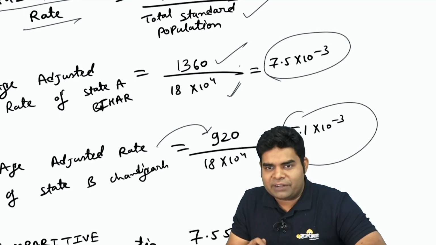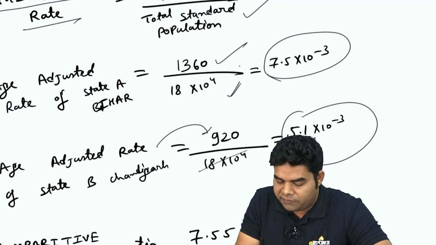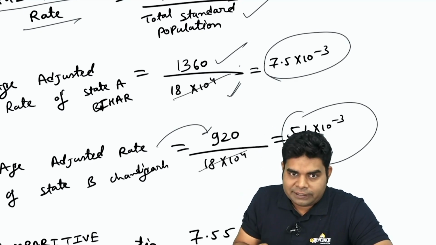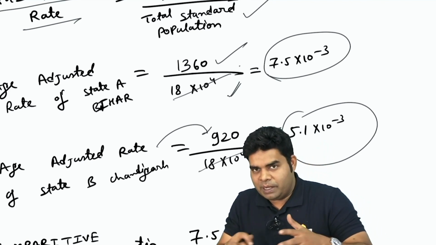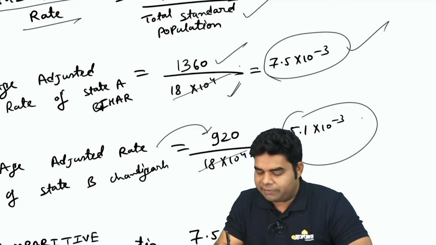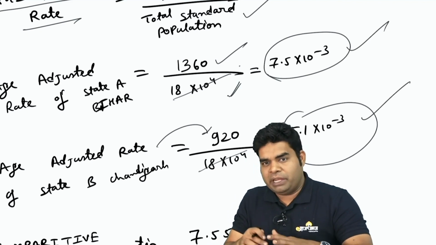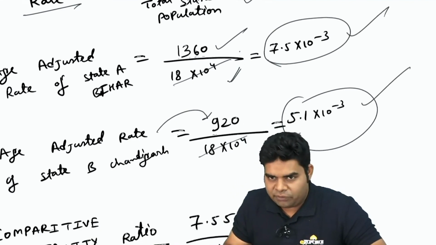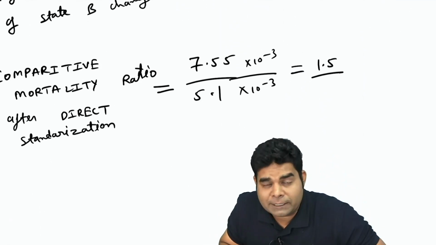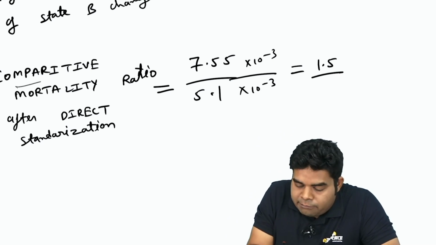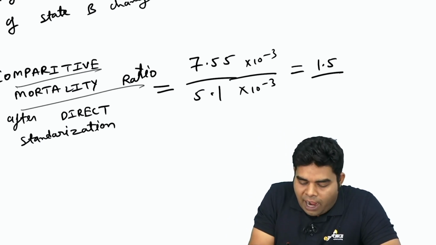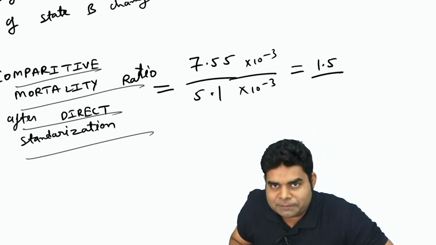Even if you do not divide it, because these two are the same, they will cancel out. That means the age adjusted rates will be 7.5 and 5.1, but we can also do it without dividing, and simply put it in the final formula. So the final thing which we get is the comparative mortality ratio after direct standardization.